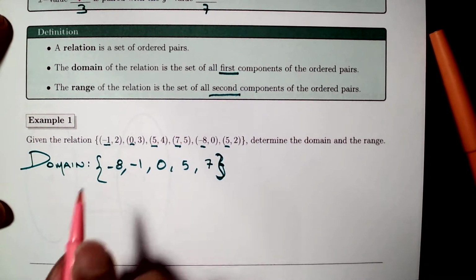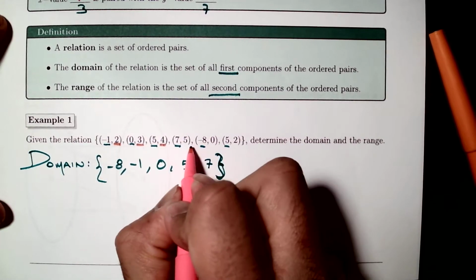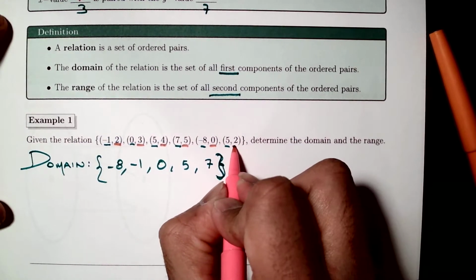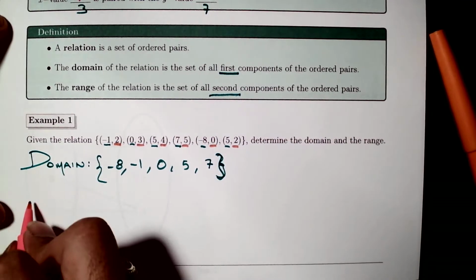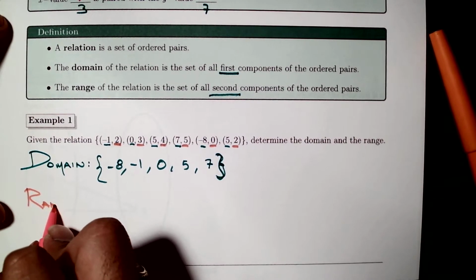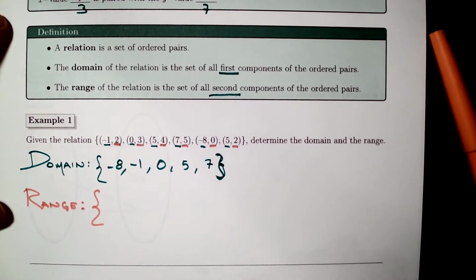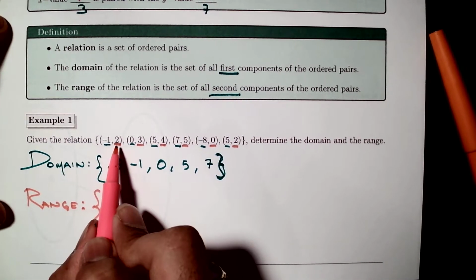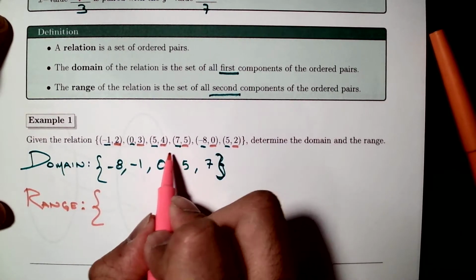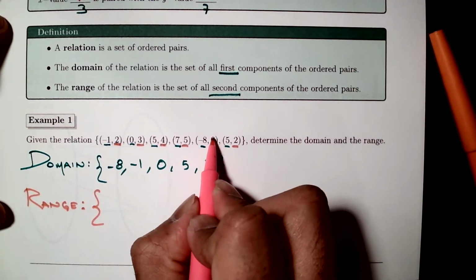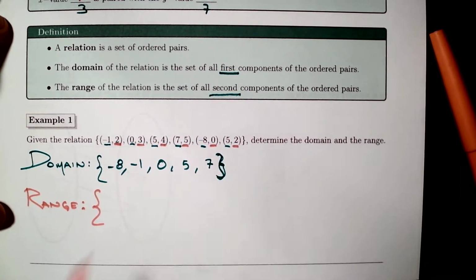What about the range? For the range, I'm going to use pink color for the y components, that is, the second components of the ordered pairs. So the range is going to be these written from smaller to larger. Notice that in this case I'm looking only at the pink values.